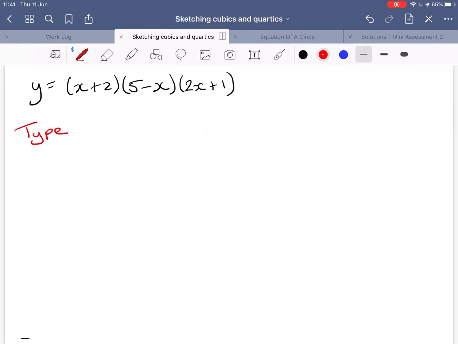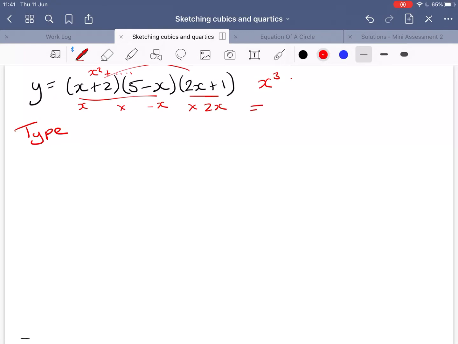Now looking at this, it's a bit more tricky to think about what type it is, but if I think about expanding these brackets, when I expand these two, I'm going to get an x squared plus something plus something. And then when I multiply that one in, I'm going to end up with an x cubed. So the way you can think about it is I've got an x times a minus x times a 2x.